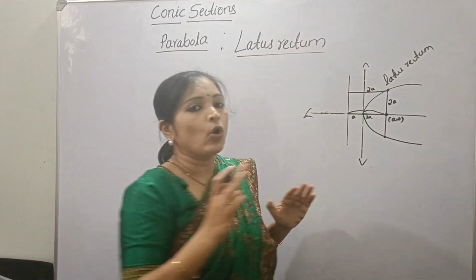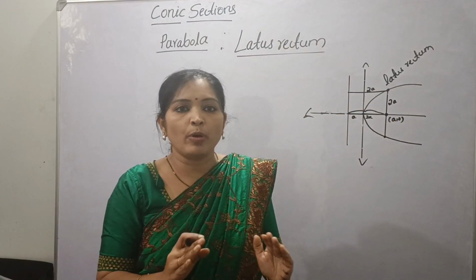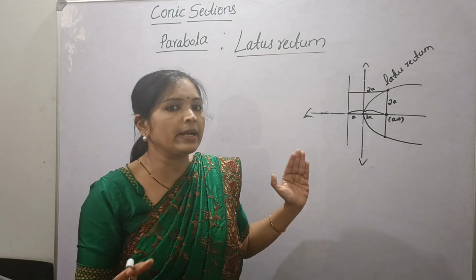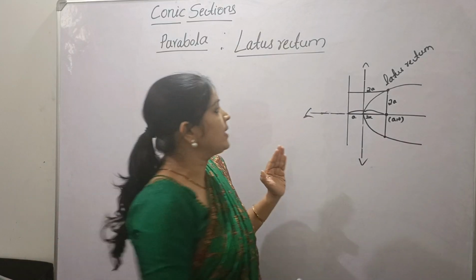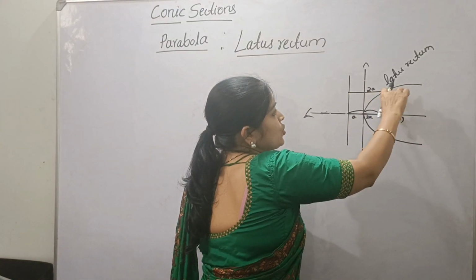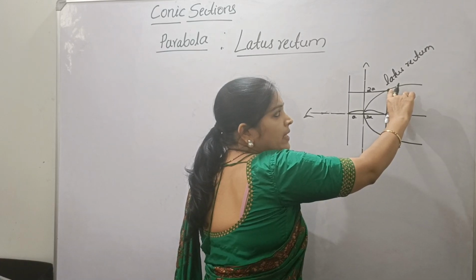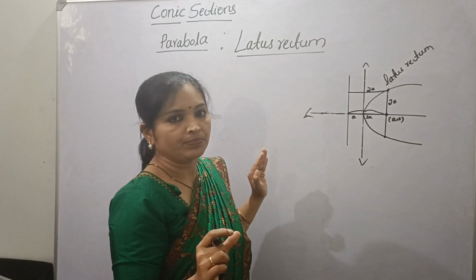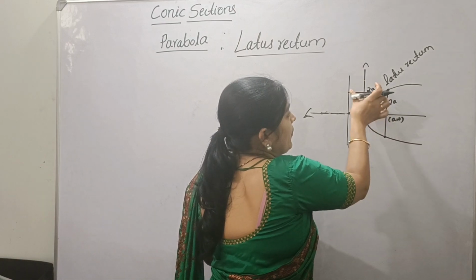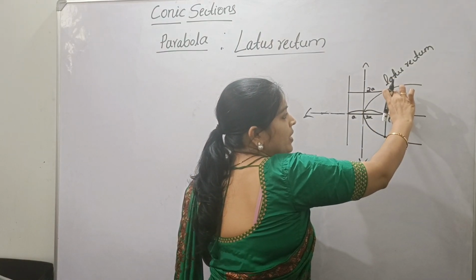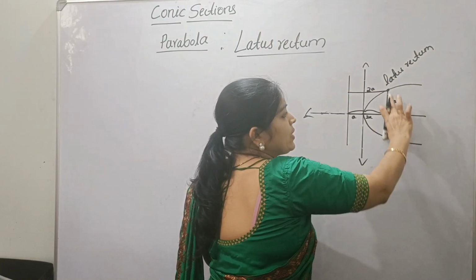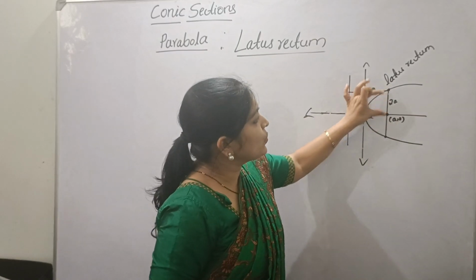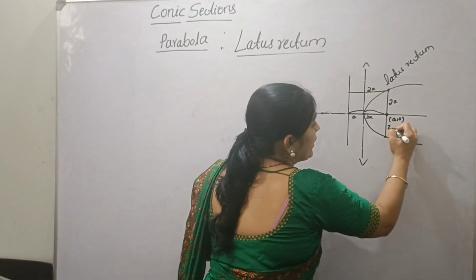Why? We know that any point on the parabola is equidistant from the fixed line and the fixed point, right? This distance should be equal to this distance, by the definition of parabola. So if it is 2a, it is also 2a.